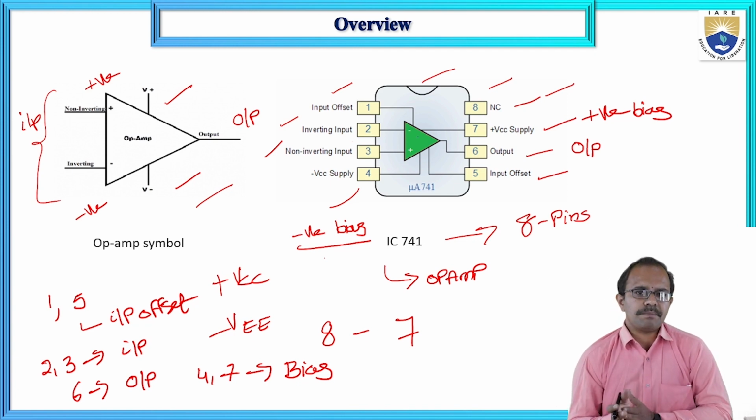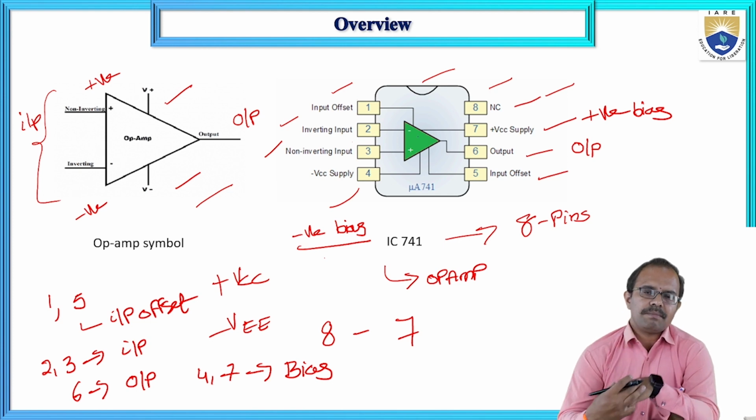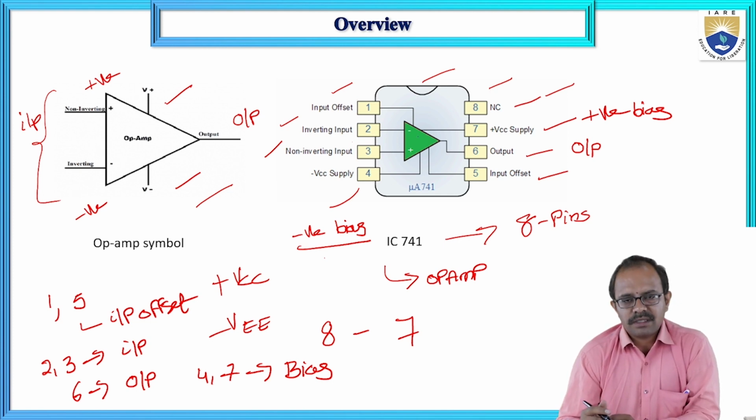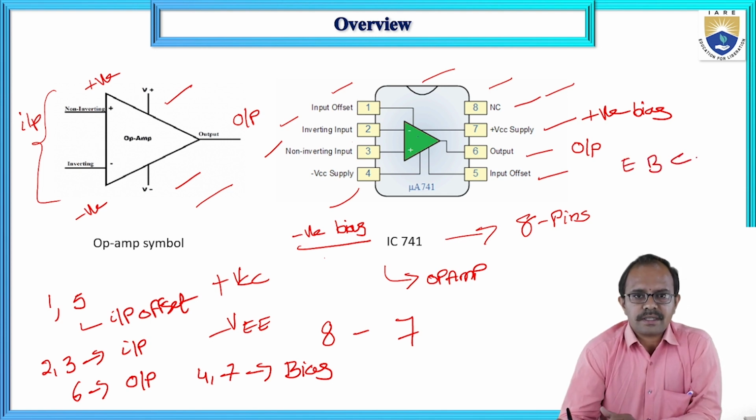So if you remember BJT, you will notice 3 terminals. They are emitter, base and collector. We need to provide the signal or wiring as per the circuit to these 3 terminals respectively without violating.